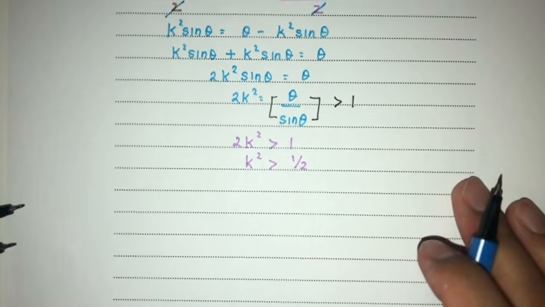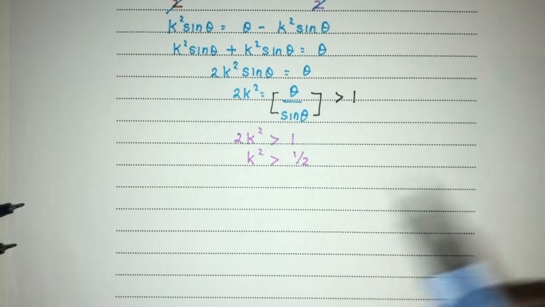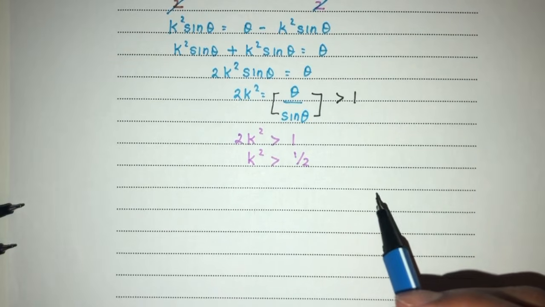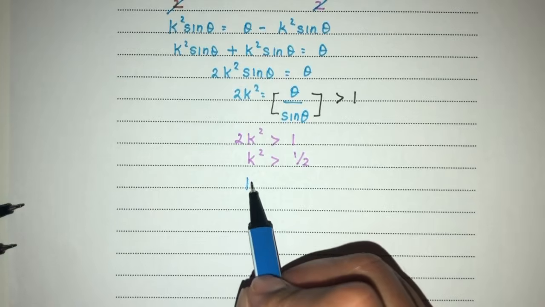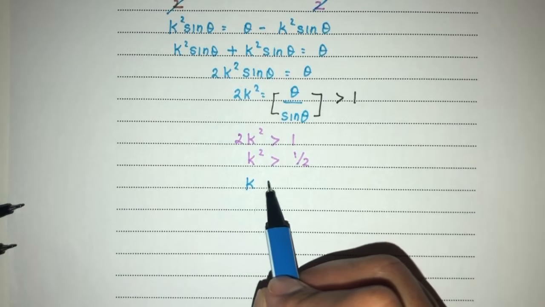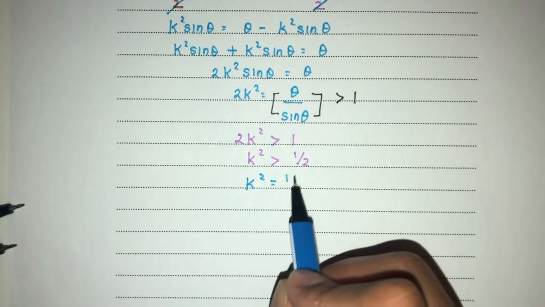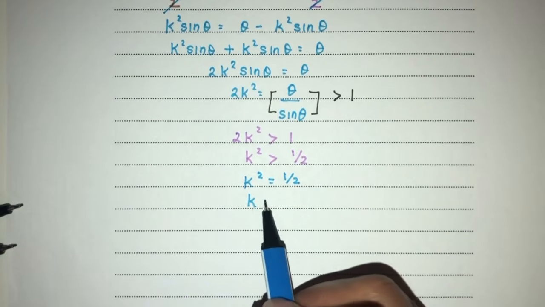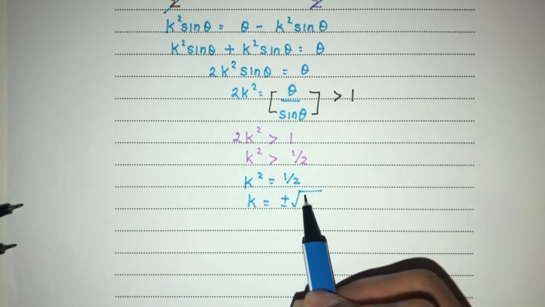As you guys know, we usually solve this by using the graph, so let's try that one more time. Let's find the critical values. K has to be plus minus this value.